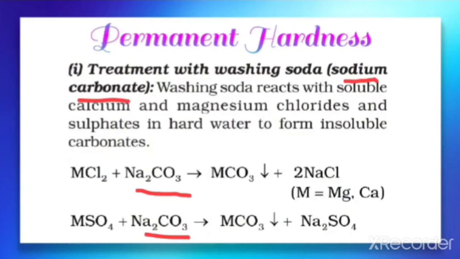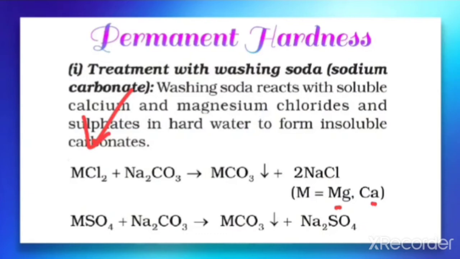When we add washing soda to the hard water, whose hardness is due to the presence of chlorides and sulfates of calcium and magnesium ions, then instead of writing calcium chloride or magnesium chloride separately, it is written here as MCl2, where M can be magnesium or calcium.